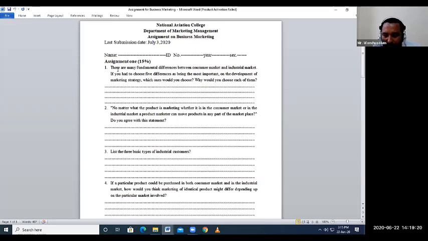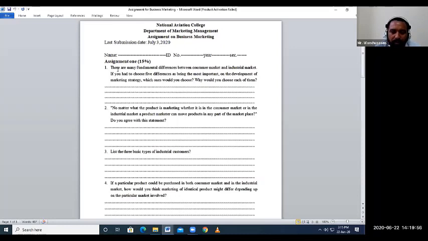Regardless of the price, whenever you change it, either increase or decrease, the demand for the product will not change. So price in the industrial market is a little bit different from price in the consumer market because of the nature of the industrial product.